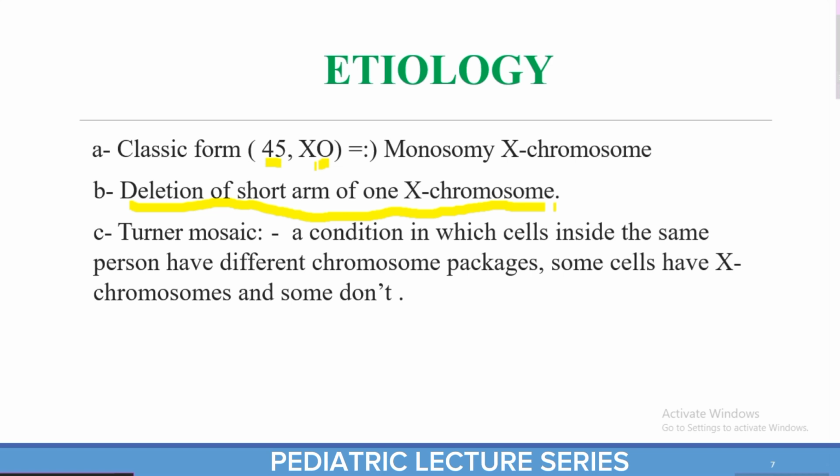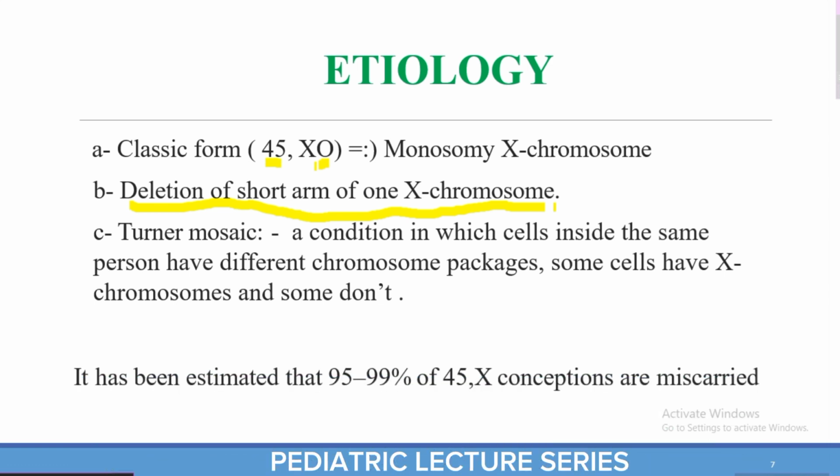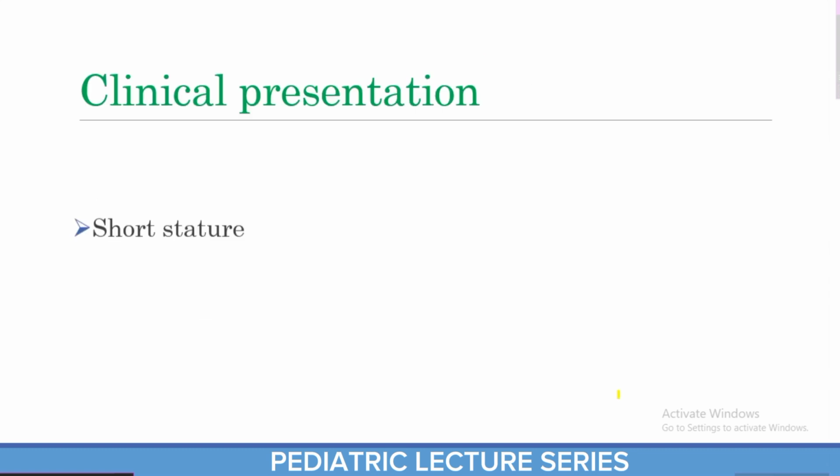Therefore, this individual is going to have a different phenotypic or physical appearance. It's estimated that around 95 to 99% of these babies with Turner syndrome don't reach the age of viability, and therefore miscarriages occur.